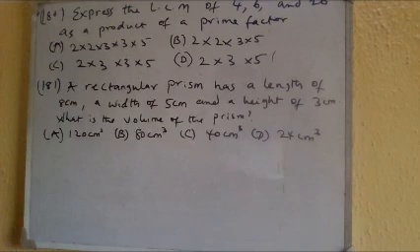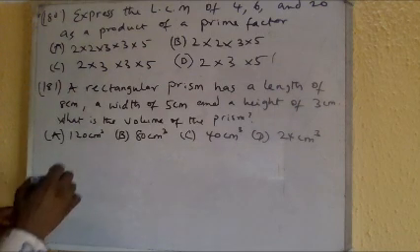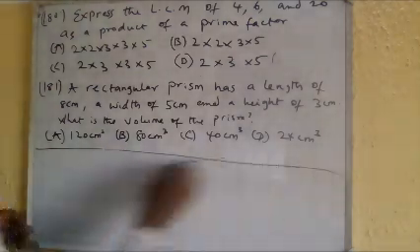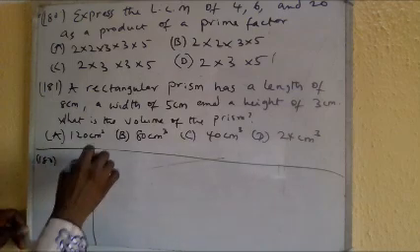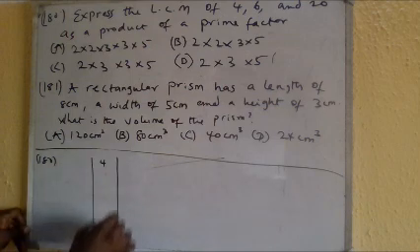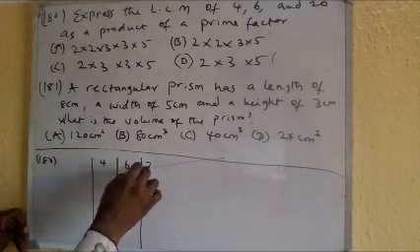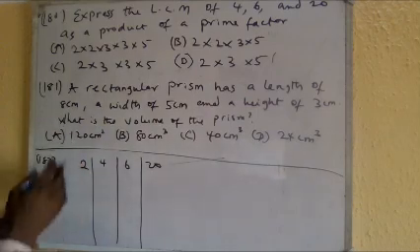Okay, so I have this question on the board. It says express the LCM of 4, 6, and 20 as a product of the prime factors. So this is just simply finding the prime factors. This is 4, this is 6, and this is 20. Prime factors are factors that can divide only itself and 1.